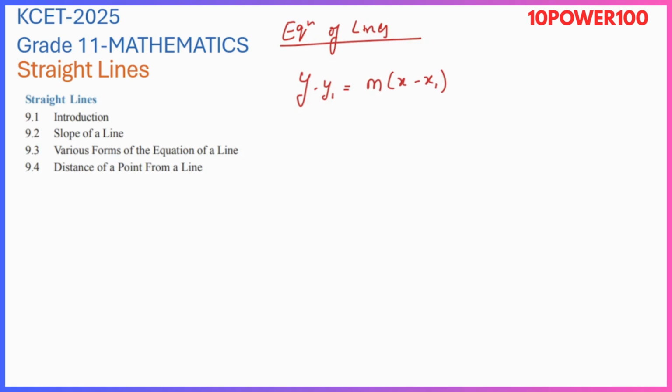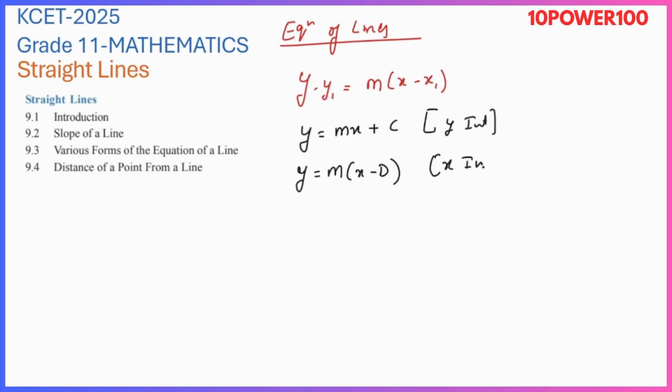Next one, when y-intercept is given, y is equal to mx plus c is the formula. Here c is actually the y-intercept. Next one, when x-intercept is given, y is equal to m of (x minus d). So we use this formula when x-intercept is given.